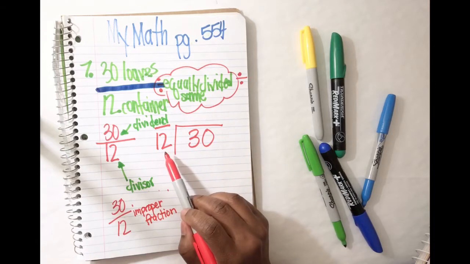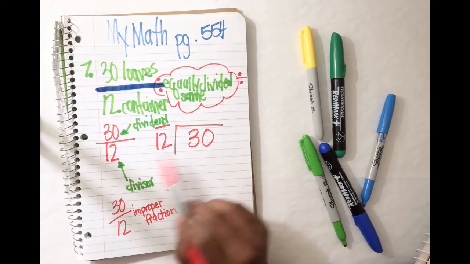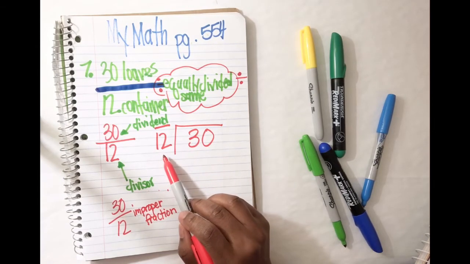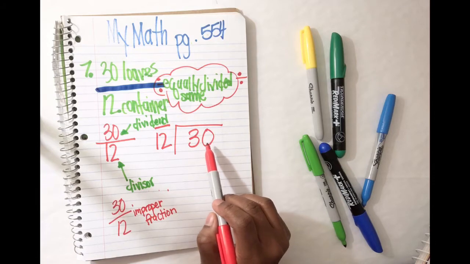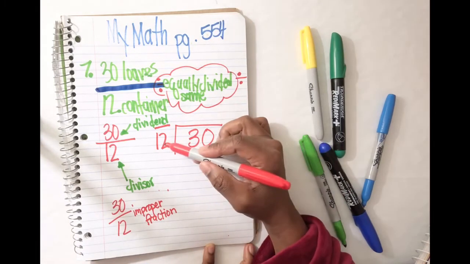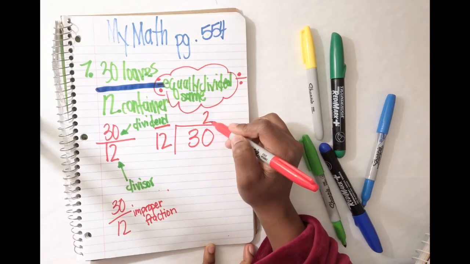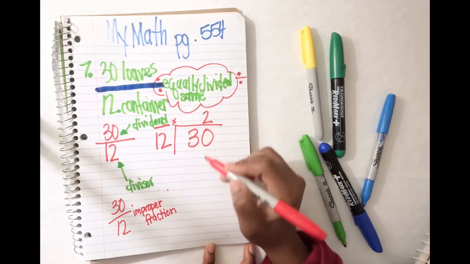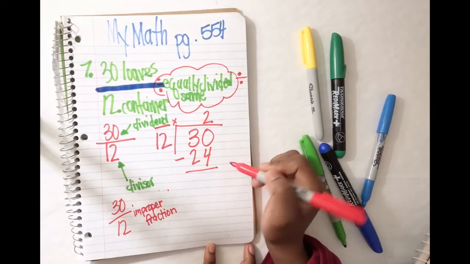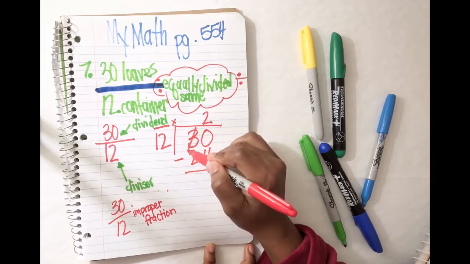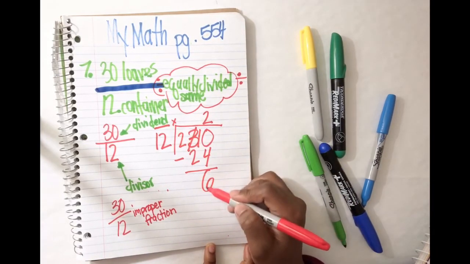So I say, how many times does 12 go into 30? You tell me, or you write it on your paper. I know 3 times 12 is 36. That's too high. So it's going to be 2 times. 2 times 12 is 24. Subtract, I'm left with what? 6.